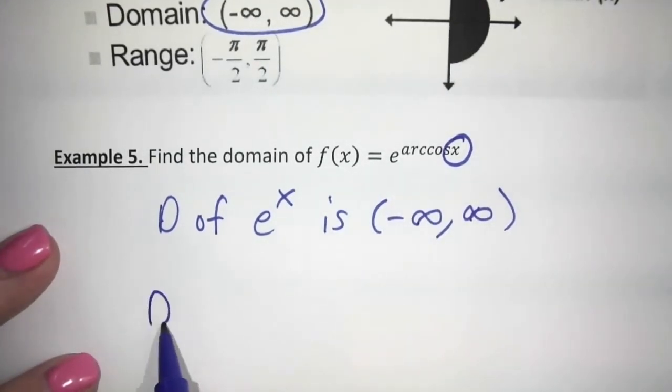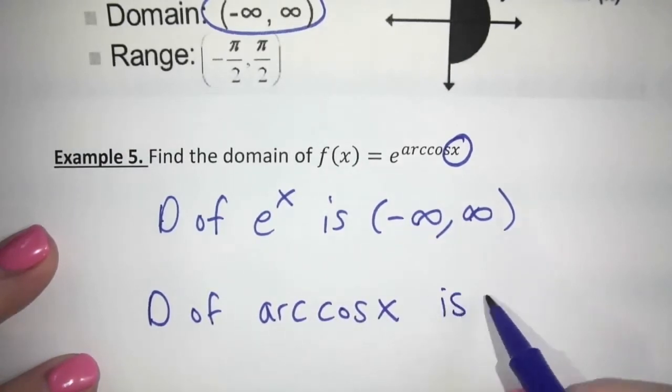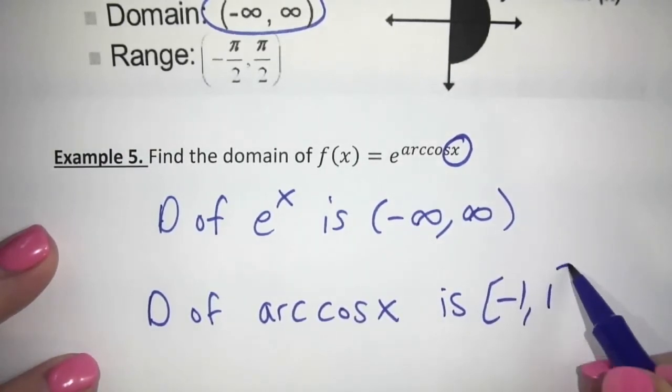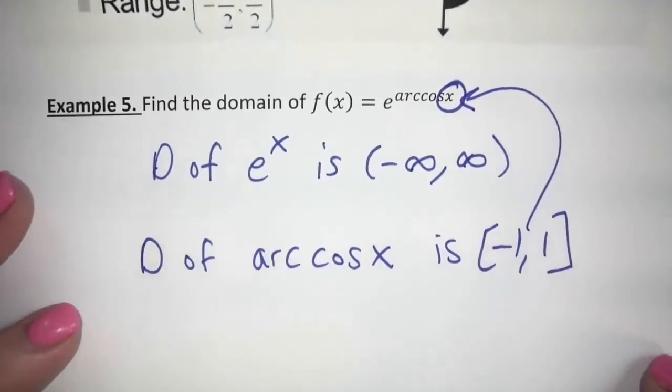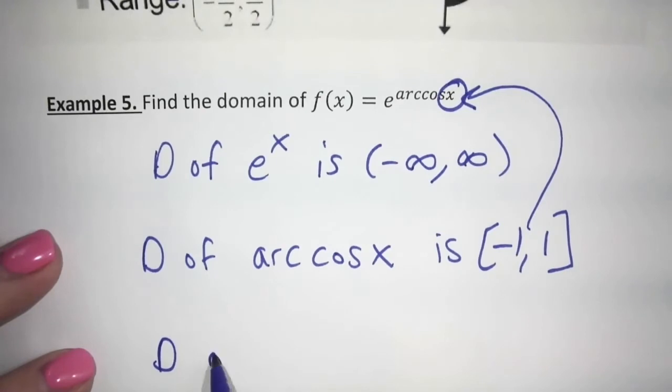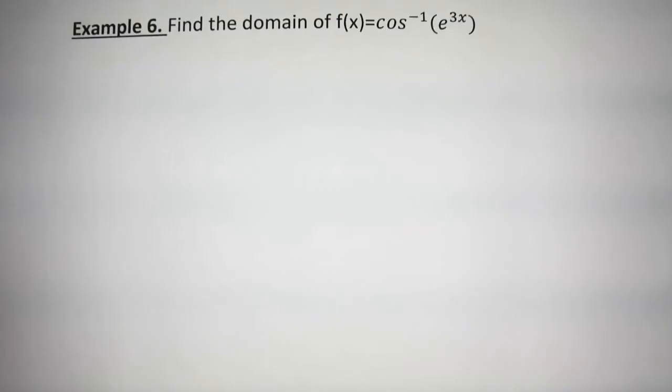So we know the domain of arc cos x is from -1 to 1. So those are the only values that you can put in there, and then you're going to e those answers. So the domain of f of x, e to the arc cos x, is just -1 to 1. And that's our answer.